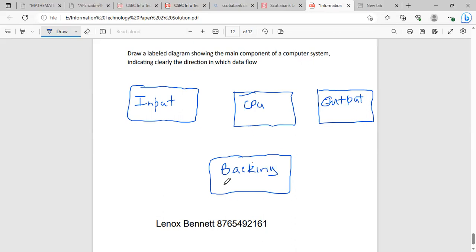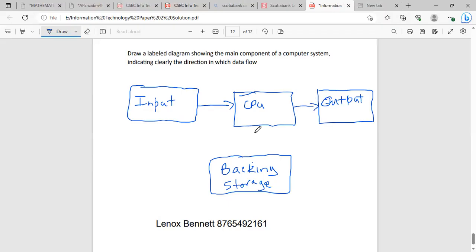All right, so you have the backing storage, right? And let's say they want to see all data. So the input puts information in, so this is where it will go. For output device, taking out from the CPU, right?